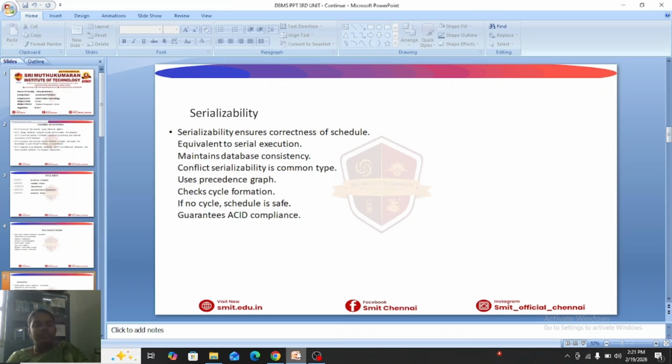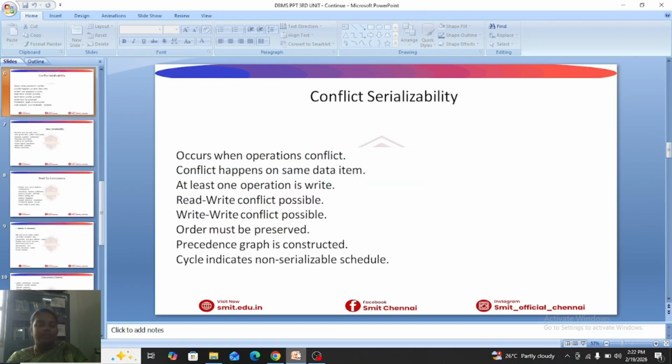Serializability ensures correctness of schedule, equivalent to serial execution, maintains database consistency. Conflict serializability is a common type, uses precedence graph, checks cycle formation. If no cycle, the schedule is safe, guarantees ACID compliance.